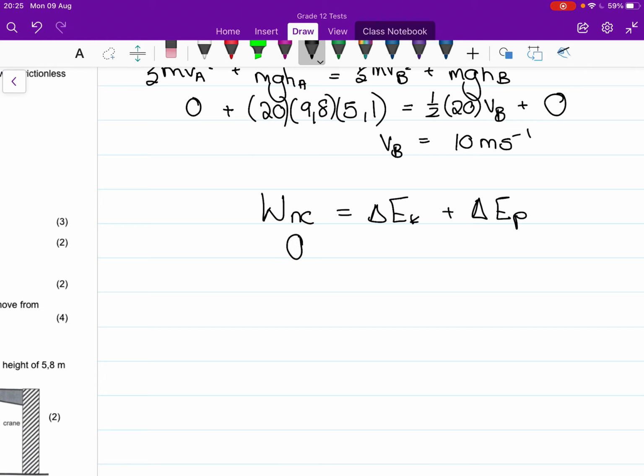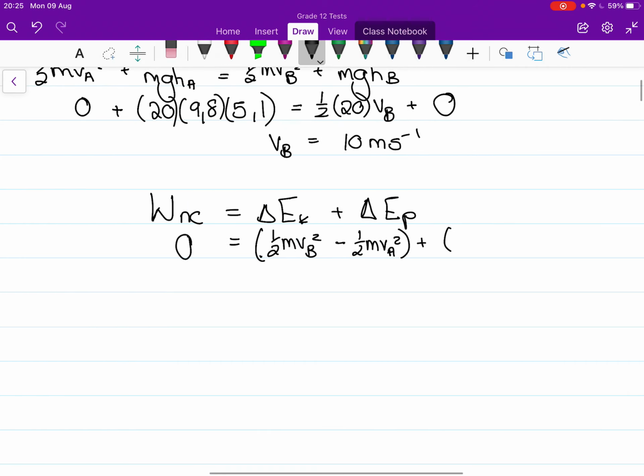You can't leave that out, you've got to put it in there. So changing EK is a half mVB squared minus a half mVA squared, plus mgh at B minus mgh at A.